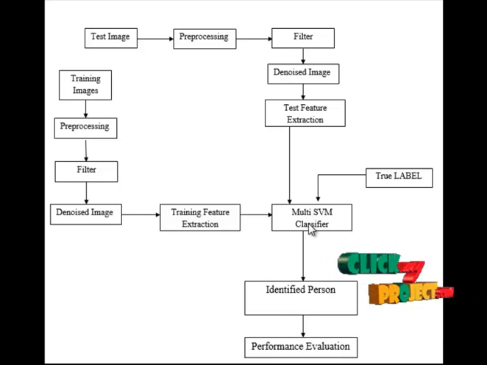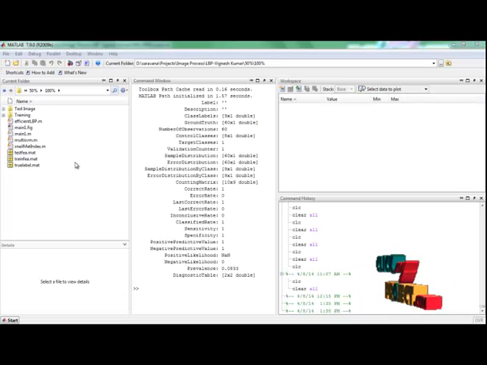The multi-SVM gives the output of person 1 or 2, and so on. In performance evaluation, we calculate the performance measures like sensitivity, specificity, and accuracy of the classifier. Simulation results show that our multi-SVM classifier outperforms the other methods.